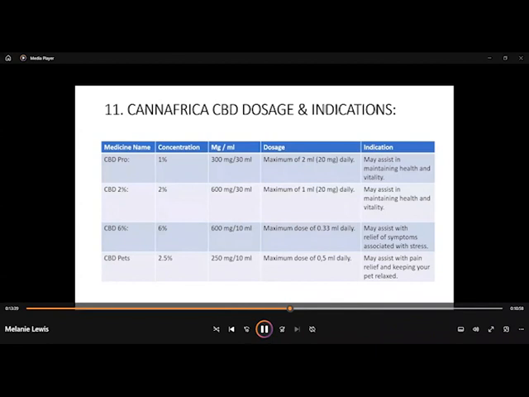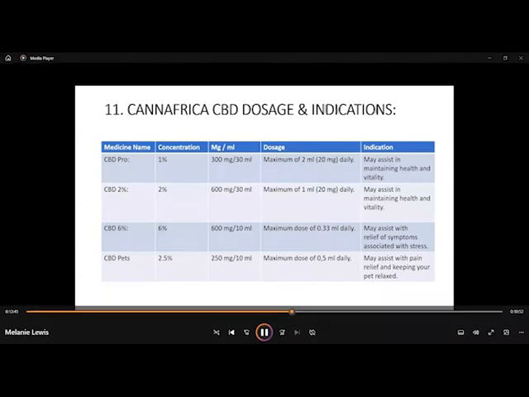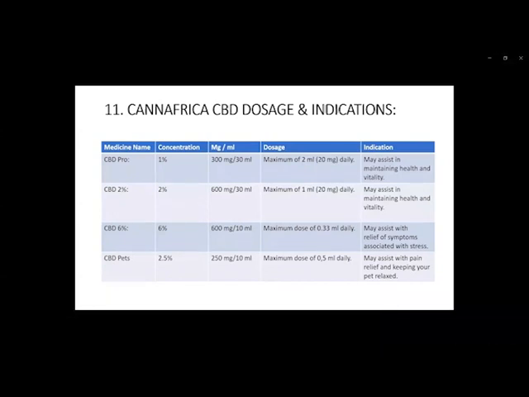If you look at your patient information leaflet, it is exactly the same across the board because your active ingredients are the same. The only difference on your patient information leaflet, which we'll get to in a moment, is your dosage and your indication. If you know this slide here, you basically are good to go.